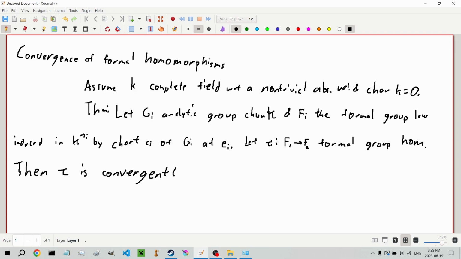That is, taf induces a local homomorphism of group chunks in taf hat from G1 to G2.